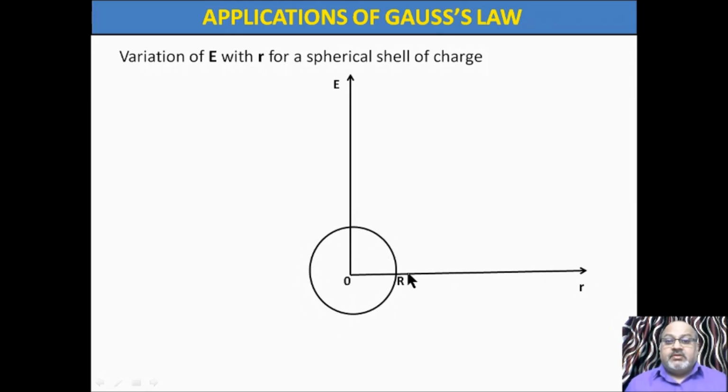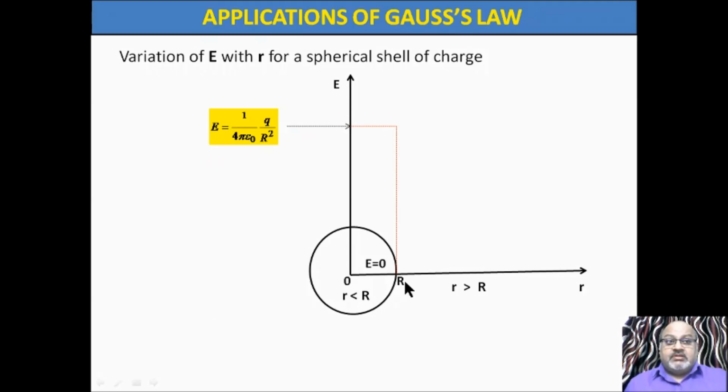Now, what is the electric field intensity inside? Inside, small r is less than capital R, and we know electric field intensity is 0. And what is outside the spherical shell? What is the electric field intensity at the surface? E is equal to 1 by 4 pi epsilon naught q by capital R square.